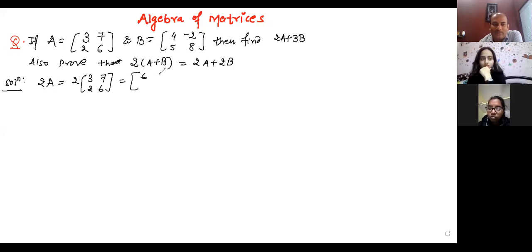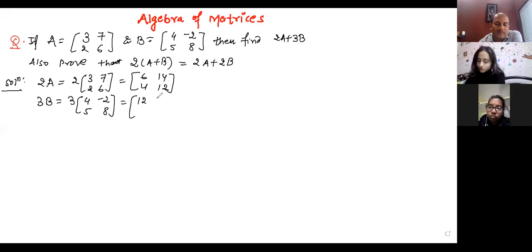It is 3 to 6, 7 to 14, 2 to 4, and 6 to 12. Similarly, 3B is equal to 3 times 4, minus 2, 5, 8. 4 3s are 12, minus 6, 15 and 24.